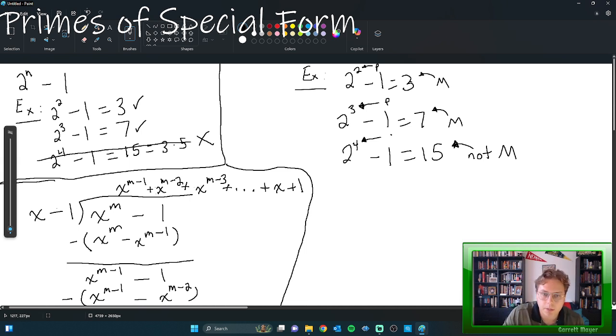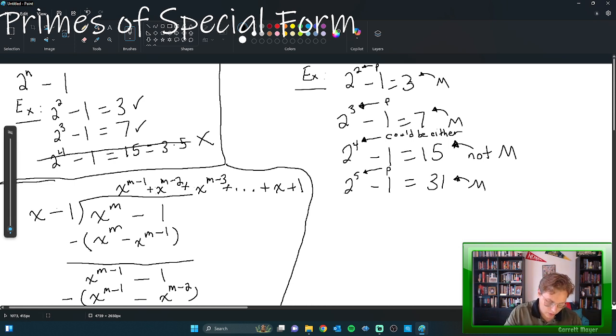We see here that it's composite, and that's possible because that's not Mersenne. Now for the next one, 2 to the 5 minus 1 equals 31. And this is a Mersenne prime, so this has to be a prime. And we see 5 is a prime.